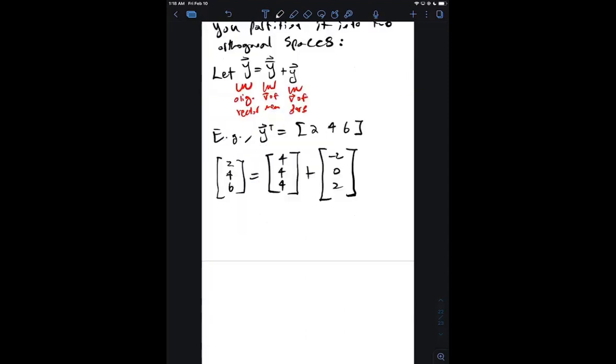Now notice also that the dot of those two things, if we dot this here, what do we get? Well, we're just going to get -8 plus 0 plus 8 equals 0.